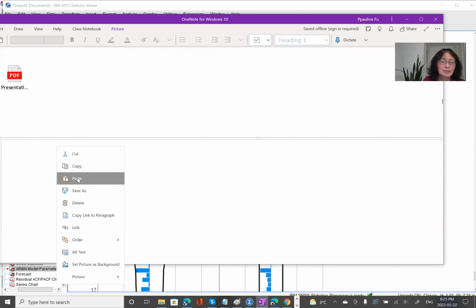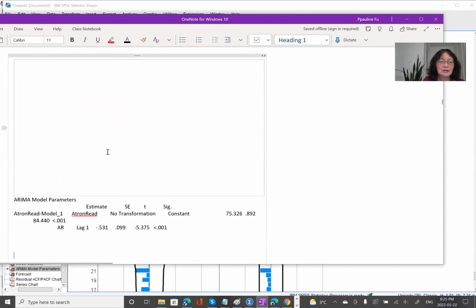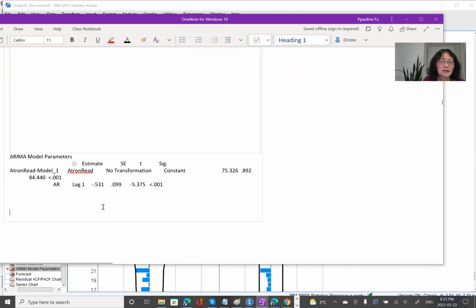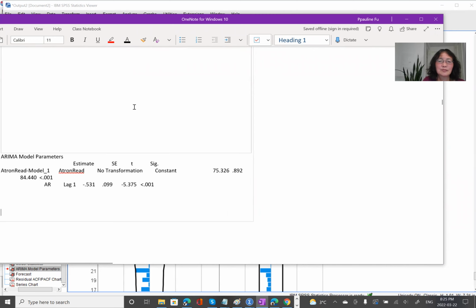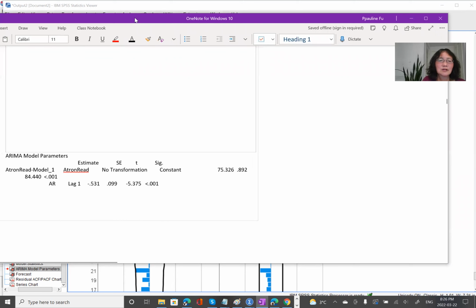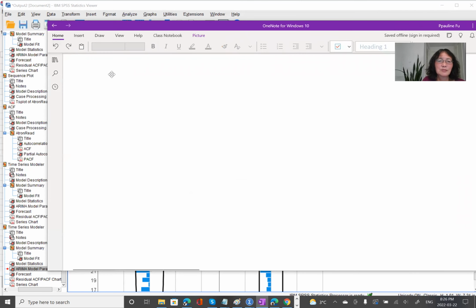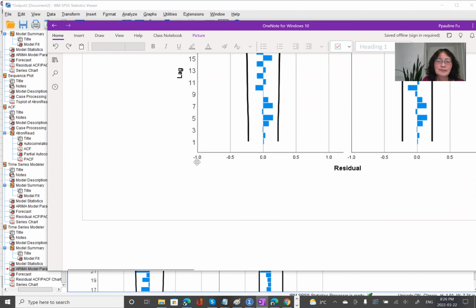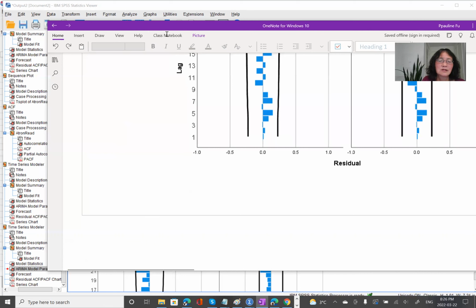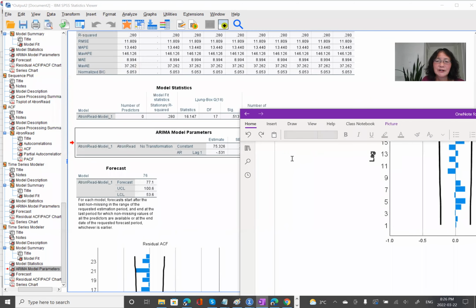There is a space here, paste. That confused my original slide. Okay, I will just use a little space here to handwrite something.